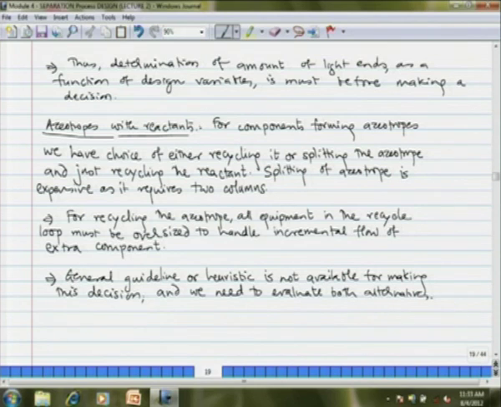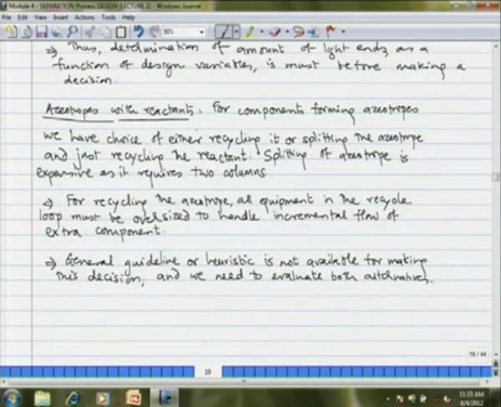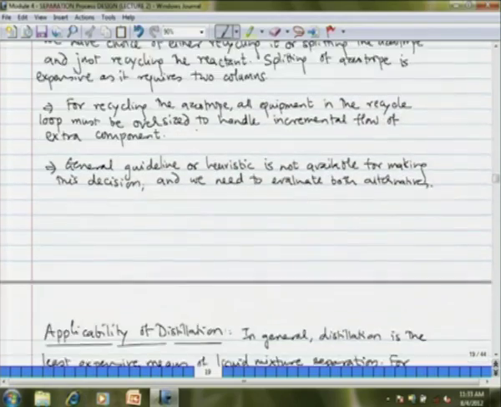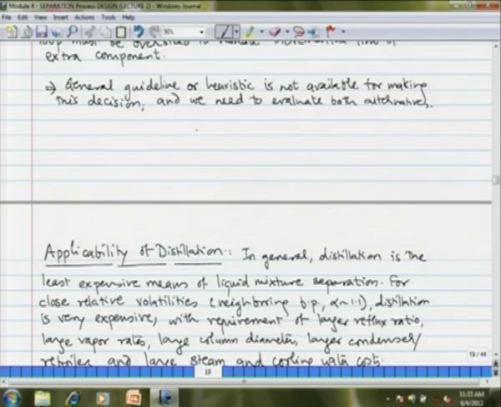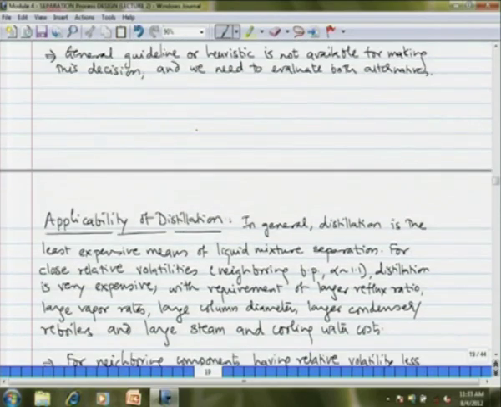That cost you are going to incur if you decide to recycle the azeotrope. General guidelines and heuristics are not available for making this decision, and the final decision depends on the exact process and varies from case to case.